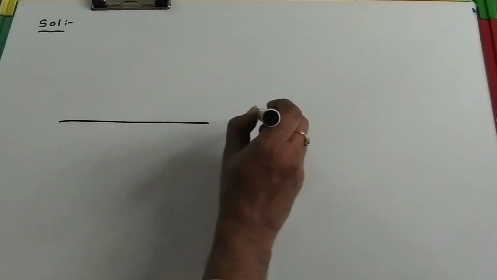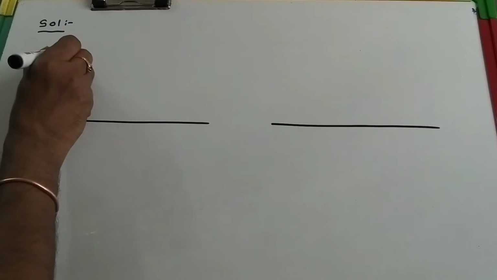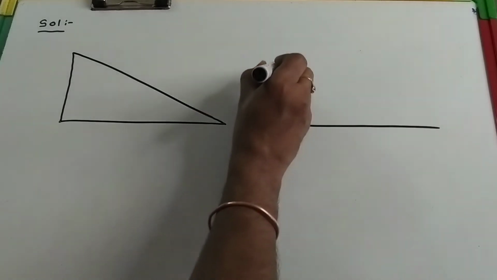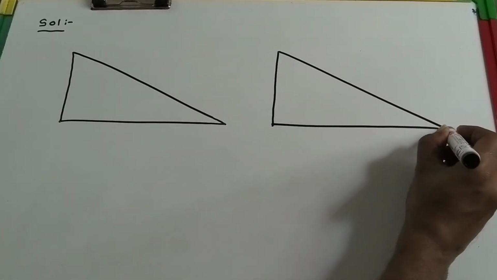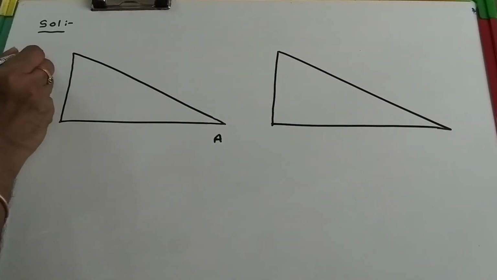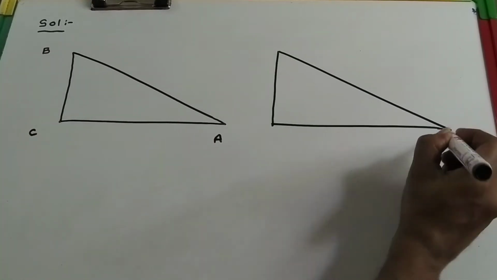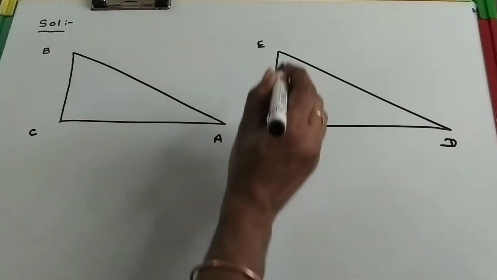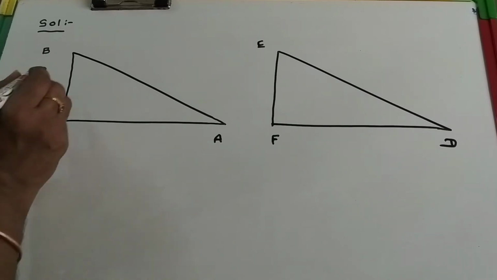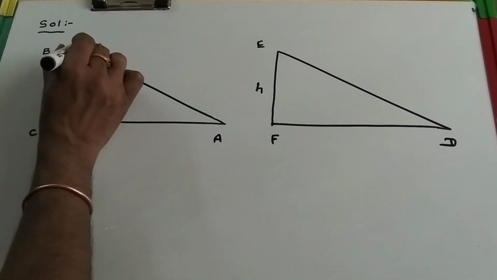Take two inclined planes. Here these are A, B, C, D, E, F. Here the height is H. Here also the height is H. One body is here.